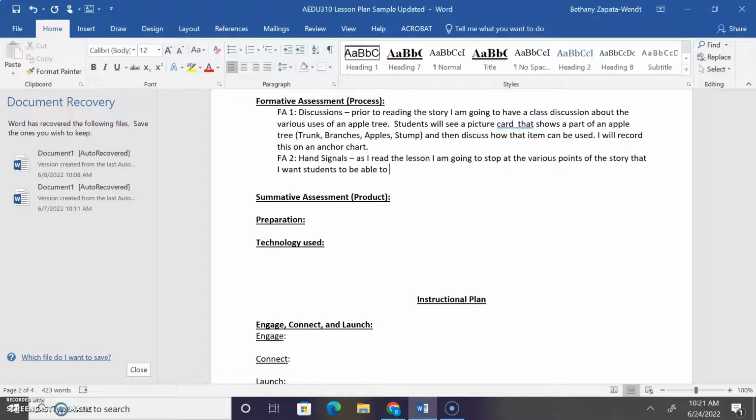As I read the lesson, I'm going to stop at various points of the story that I want students to be able to sequence after the story is finished.